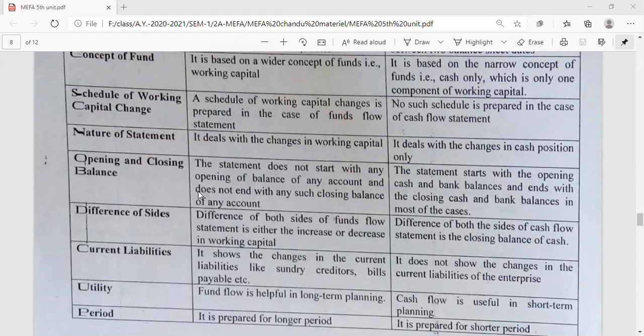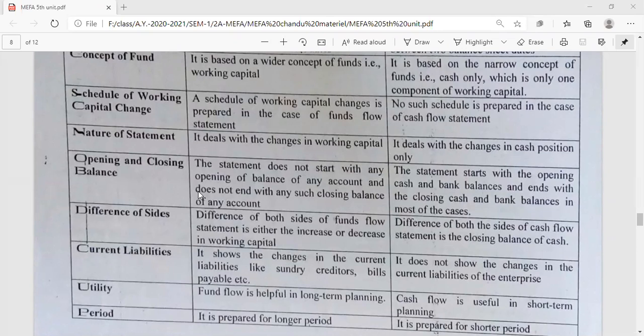Next, the utility. Fund flow is helpful in long-term planning, and cash flow is useful in short-term planning, right? If you have cash in your hand, you can plan anything immediately.